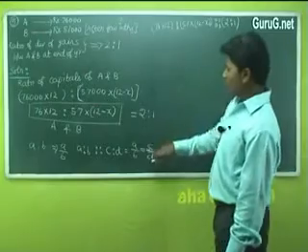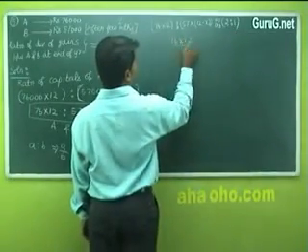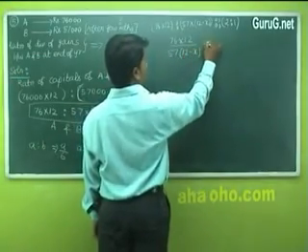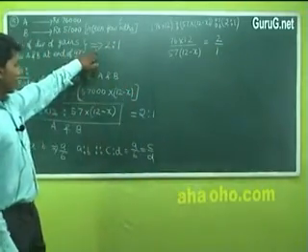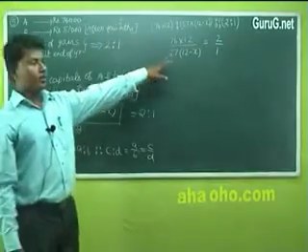So how will you write? You need to write in this formula. 76 into 12 by 57 into 12 minus X is equal to 2/1. Since this particular value and this one is proportion, you need to write it in this method.